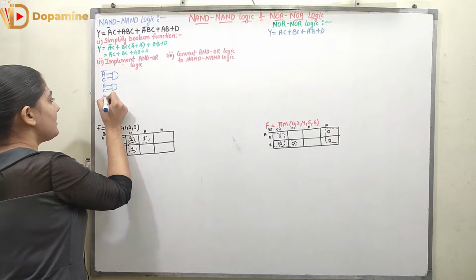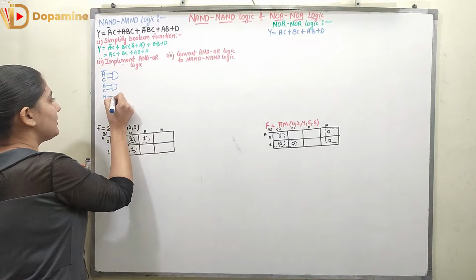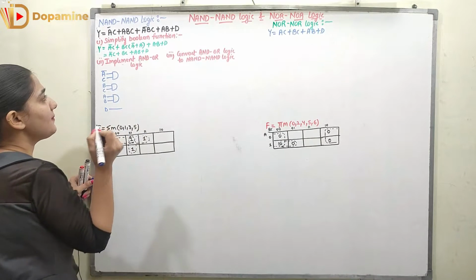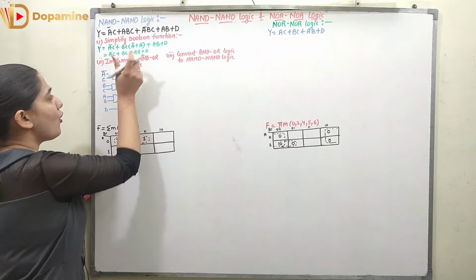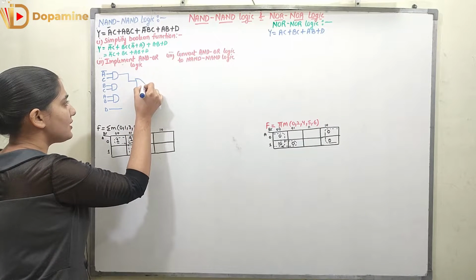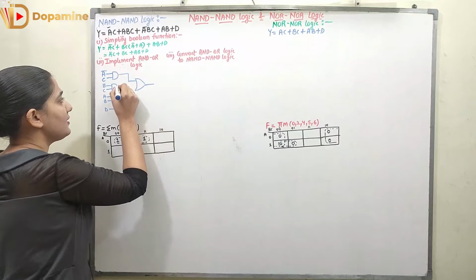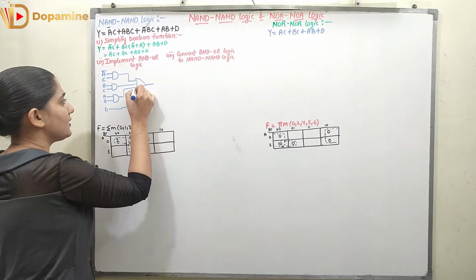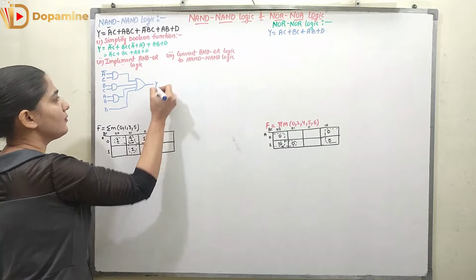Then I have a and b, I take the AND gate output. Then I have the d, I take it as it is. All of them have to be added up, so I am going to use an OR gate. Here we are supplying all of the outputs to the OR gate. So this is how I will get y.